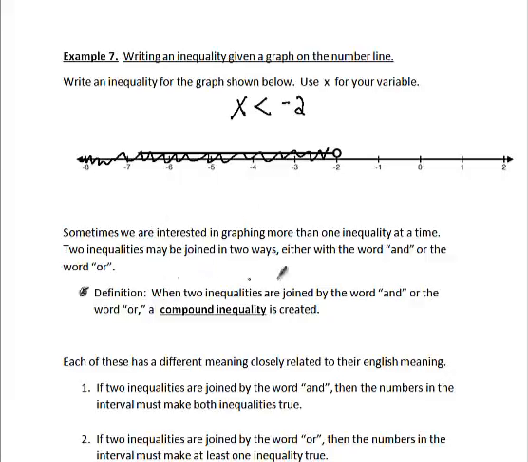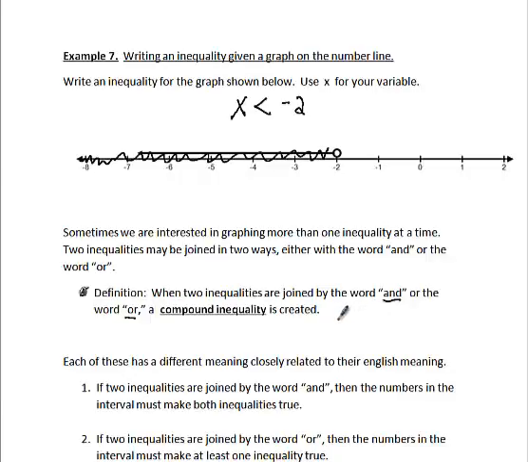Okay, let's see. Sometimes we want to graph two inequalities on one number line. And when that happens, it's important to notice the words between the two. This is what represents or indicates a compound inequality.